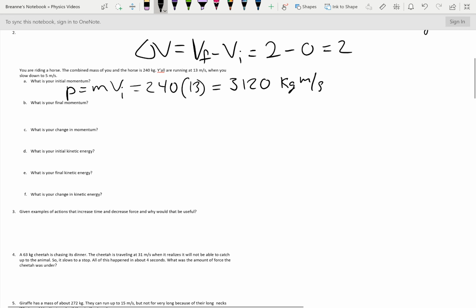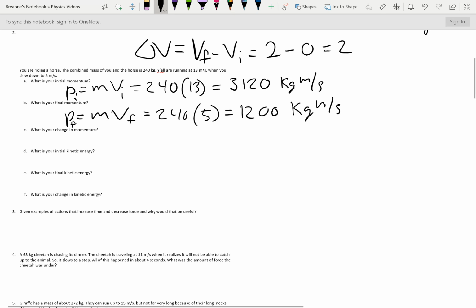Your final momentum, again, is just mass times velocity, specifically dealing with the final. Your mass doesn't change, but your velocity does because you slowed down to 5. So you're going to do your mass times your new velocity, and that is now your final momentum.